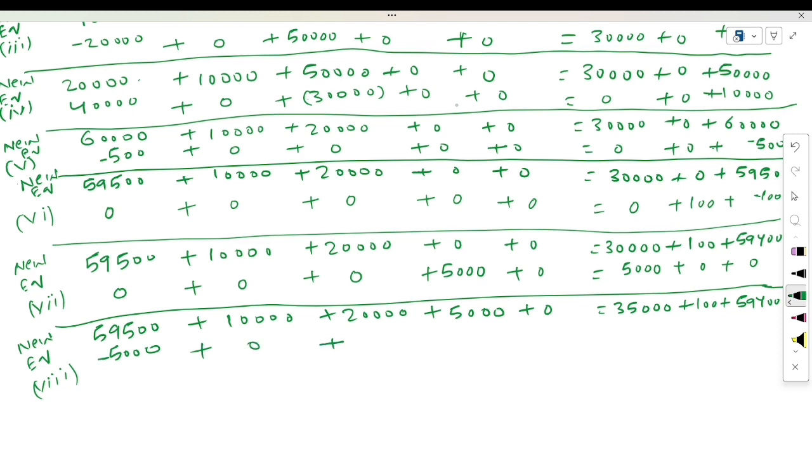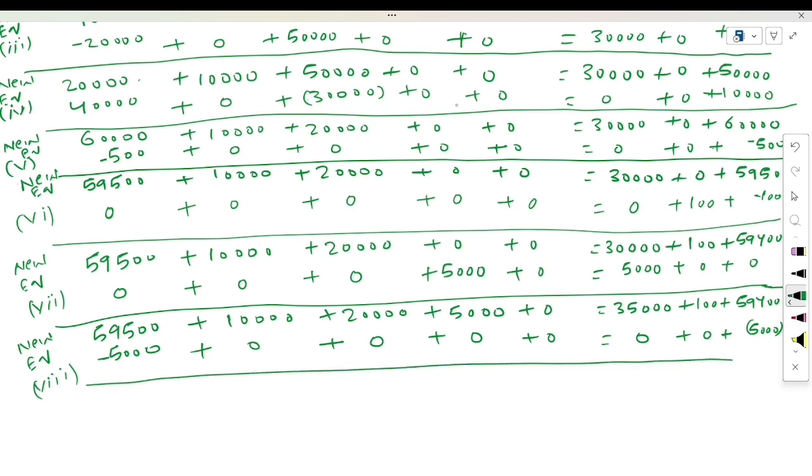Bank balance no impact. Stock no impact. Furniture no impact. Plus your capital will also be reduced by 5,000 because you are withdrawing cash from business for your personal use.